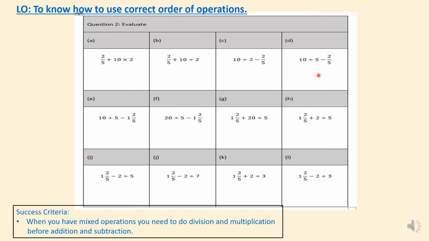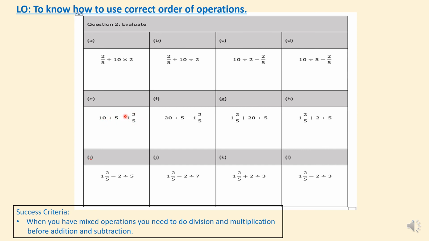And just one quick reminder in here as well: when you have a mixed number and you want to do your calculation, make sure you change that mixed number to an improper fraction first, then do your calculation. For example, in here, it's going to be 10 over 5, then take away.